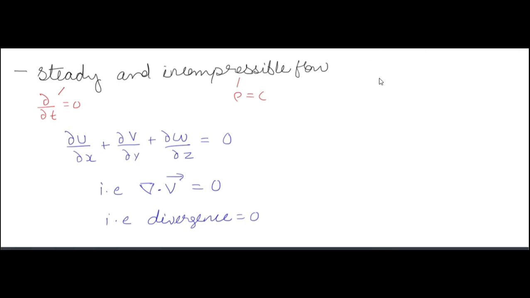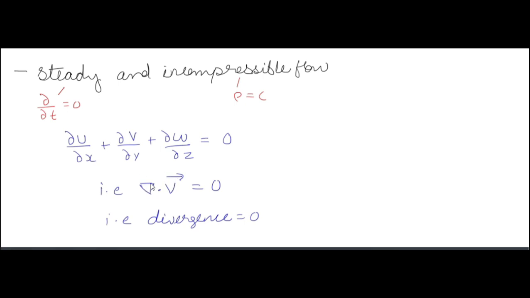We get only partial differentiation terms with respect to velocity: partial of u with respect to x, partial of v with respect to y, and partial of w with respect to z, where u, v, w are the x, y, z components of velocity. This is called divergence of V is equal to 0.